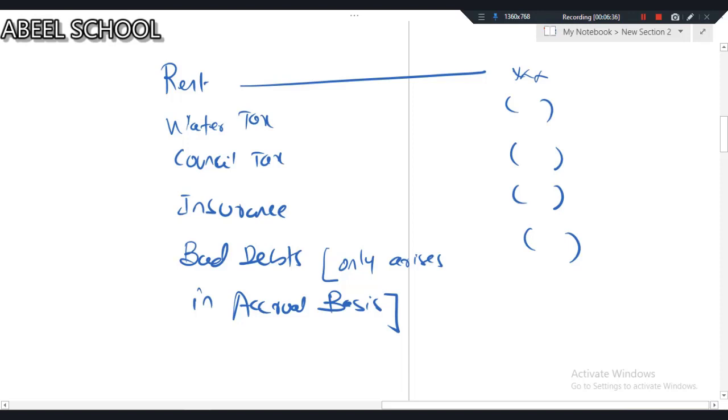For example, someone has lived in your property for 12 months, but now he has left the property, having paid only 10 months' rent. In that case, there will be a bad debt of 2 months if you are following accrual basis. In cash basis, bad debt will automatically be adjusted because you will take only 10 months' rent.